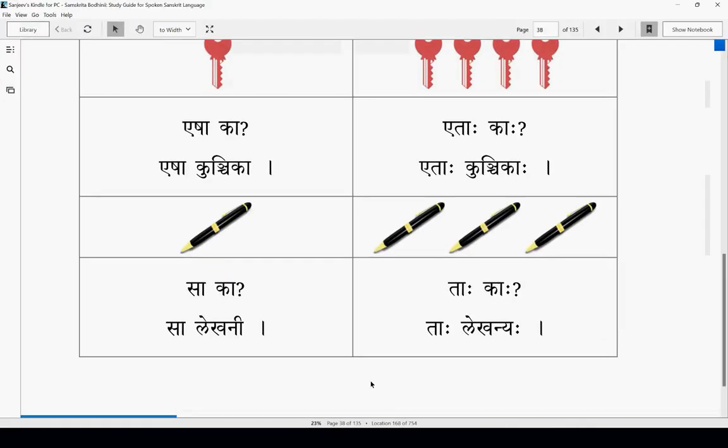Where are we? Nadi. It's like Nadi. What else do we have? Sundari, for example. Sa Sundari. Bahuvachane kim bhavati?